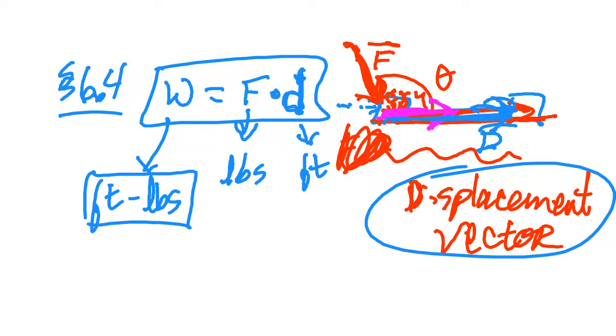So what we want to look at is the scalar projection of F vector onto D vector, and then times this displacement vector. So really we want the vector projection here.